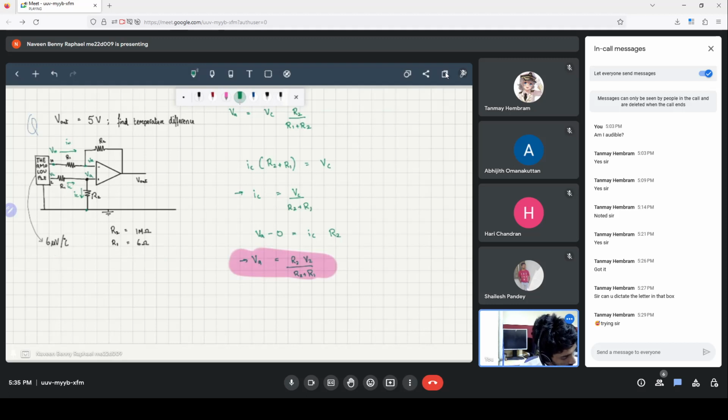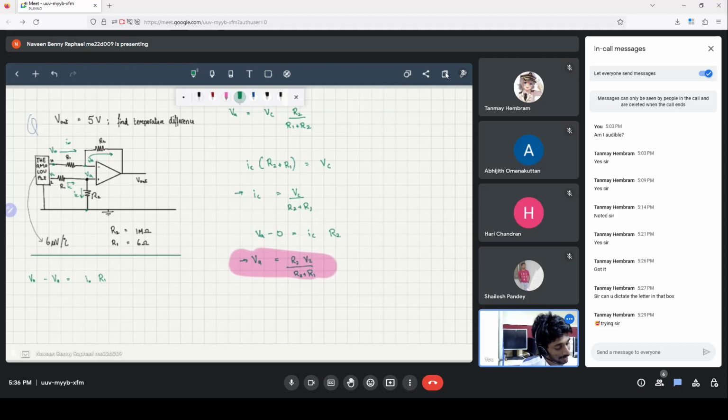So we have VH minus VA is equal to IH into R1. Because no current will pass into the operational amplifier, this current IH in this junction will leave into this branch, and therefore the current through R2 is also IH.